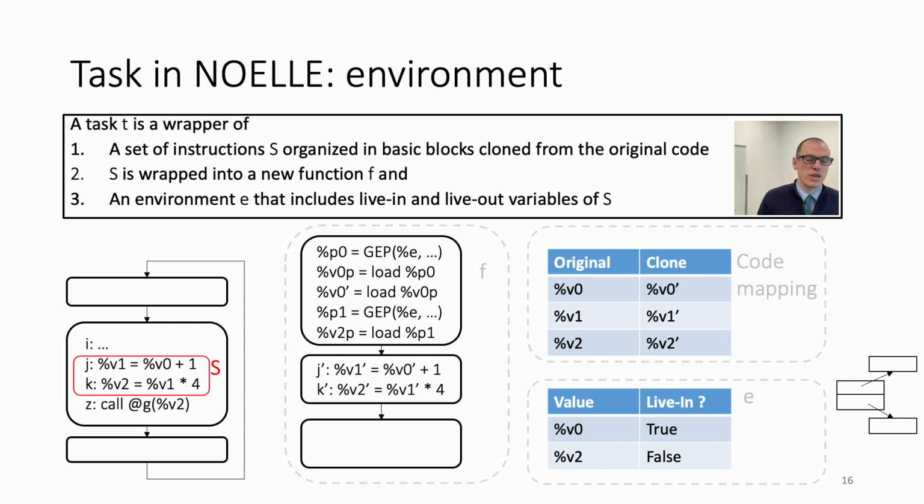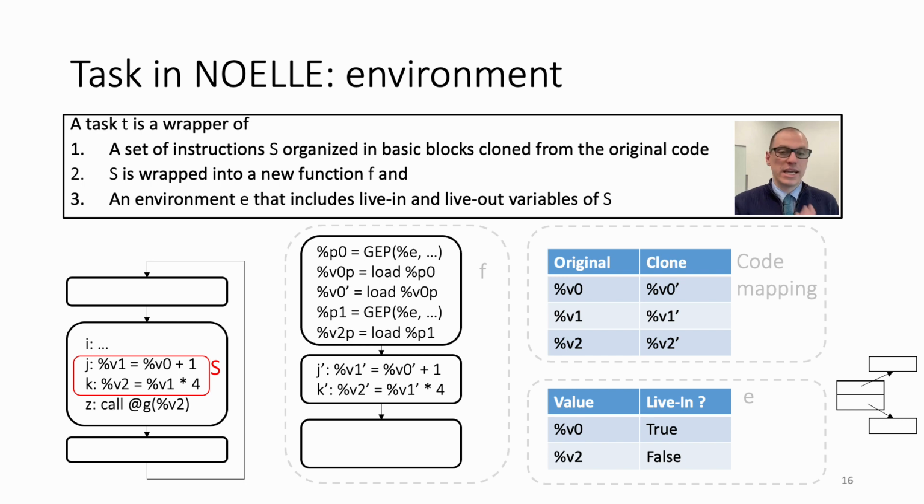What that means is that we have loaded now the address, the pointer of the second element, which is the pointer to %v0. Then we load from it, and now, by doing that, we finally have the value that %v0 had just before invoking the task.